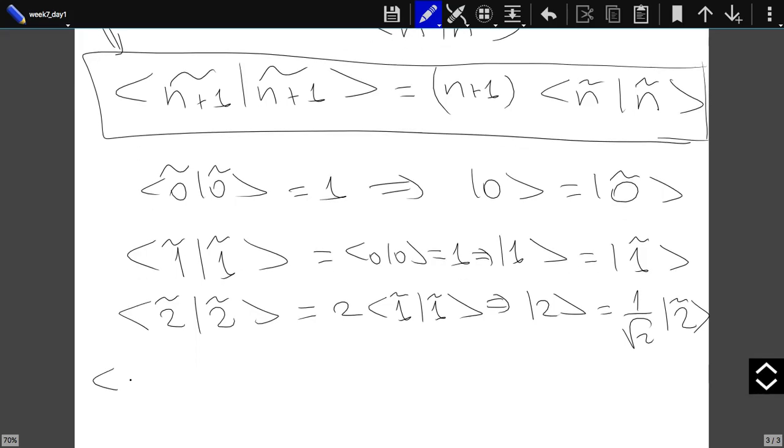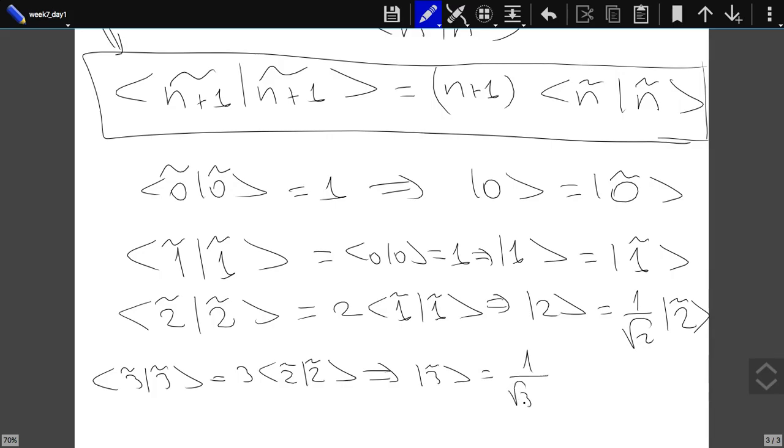Well, I can just continue like this. In the relation in the rectangle, choose n equal to 2. So I will get 3 times the 2 state. This just tells me that the 3 state, I should choose it as 1 over square root of 3 times square root of 2 times the 3 tilde state.